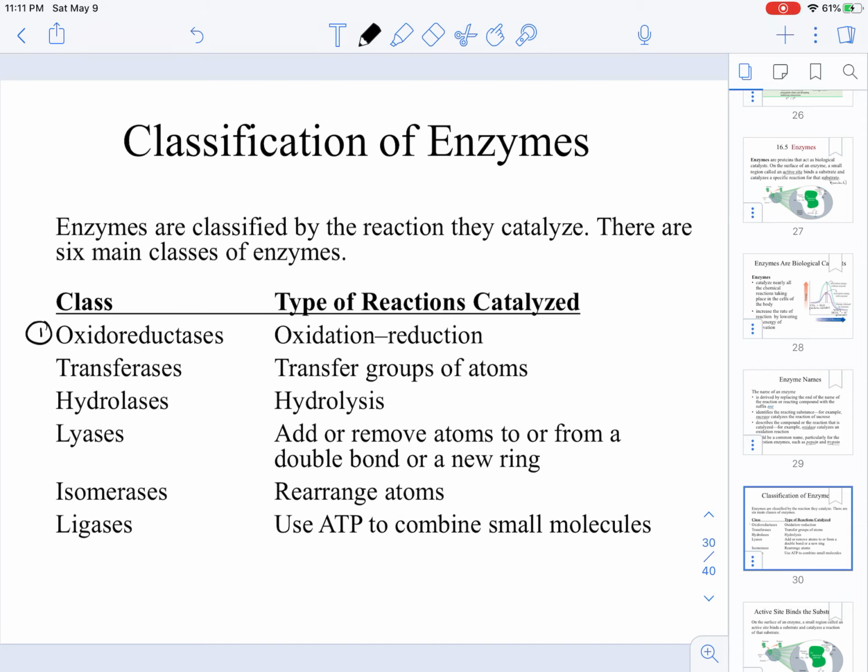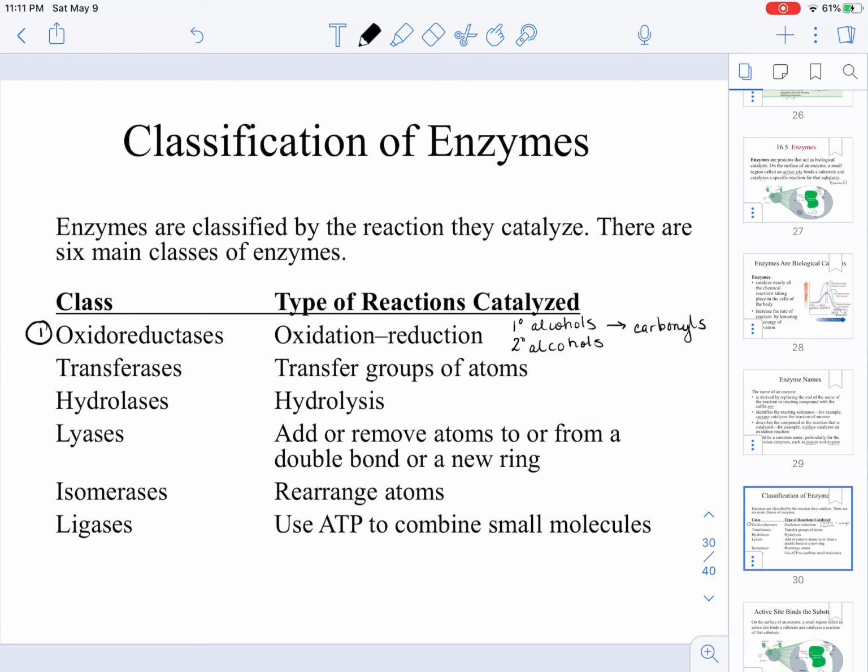Number 1, oxidoreductase. Oxidoreductase enzymes are involved in oxidation reduction reactions. Remember, what you need to pay attention to are the reactions that we already explored in oxidation reduction, meaning the conversion of primary and secondary alcohols to carbonyl.